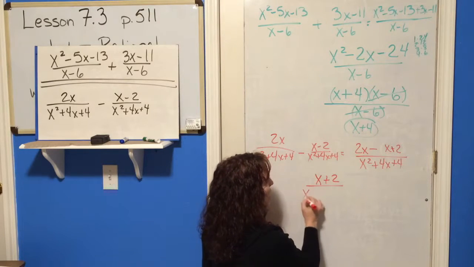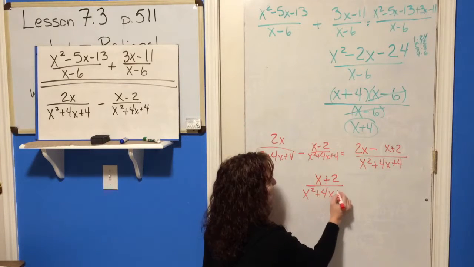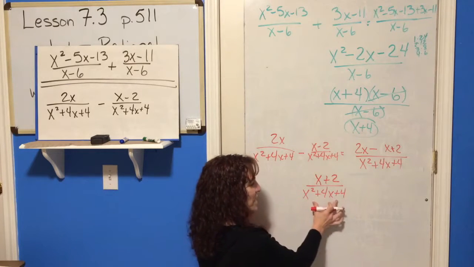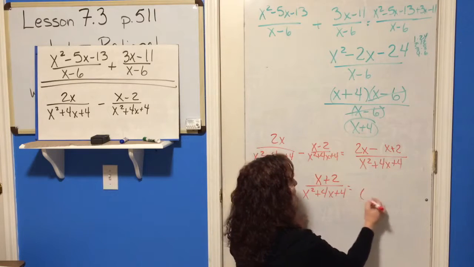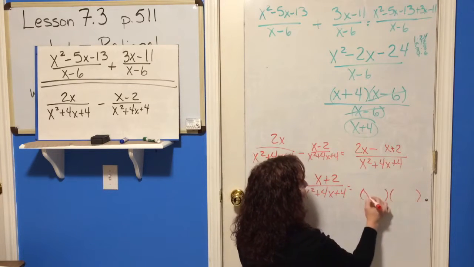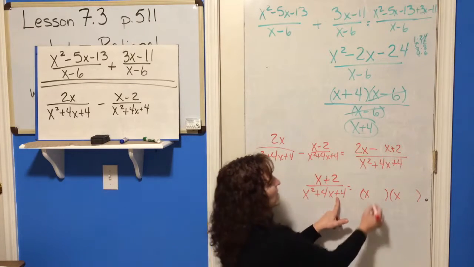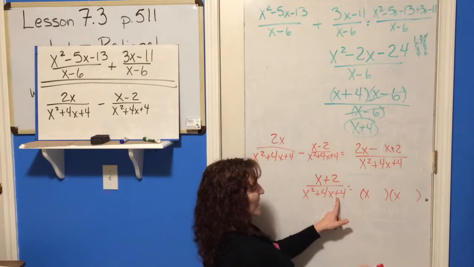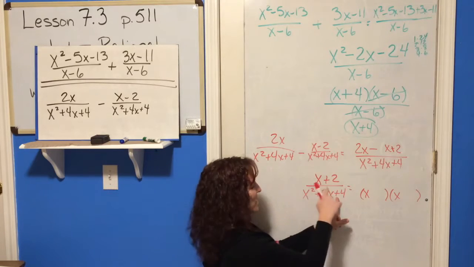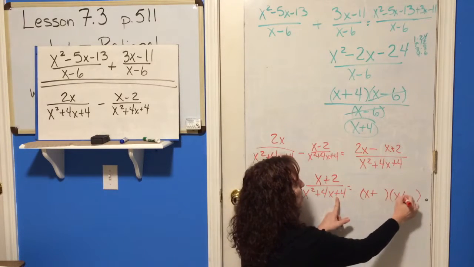And now we have x squared plus 4x plus 4. And we say, will this denominator factor? Let's look and see. X times x is x squared. The third term is positive, so we're going to keep the signs the same. And the signs are going to be positive because this term is positive.